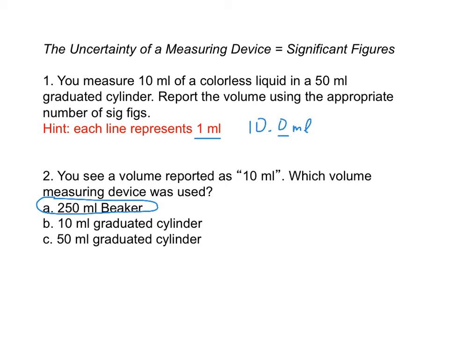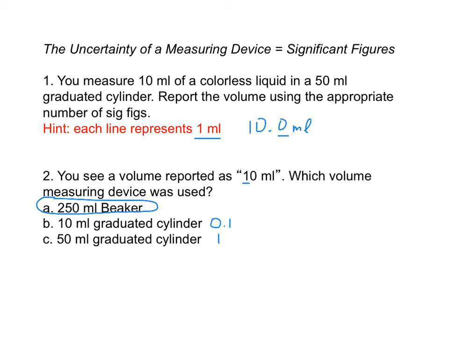For question 2, 10 mL has one significant figure. The uncertain digit is the tens place. So each line on the beaker likely represents 100 milliliters, or in the hundreds place. Remember, each line on the 10 mL graduated cylinder represents 0.1 milliliters, and in the 100 mL graduated cylinder, each line represents 1 milliliter.